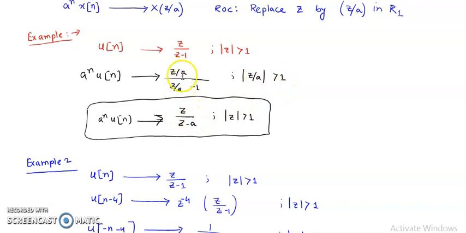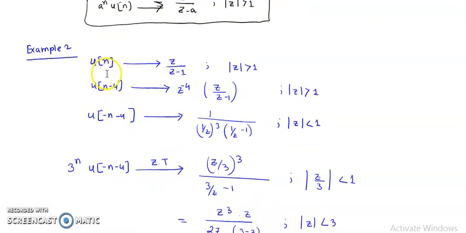So by simplifying this, we are getting z/(z-a), and the ROC becomes mod z greater than mod a. So where we had written 1, it will be a.